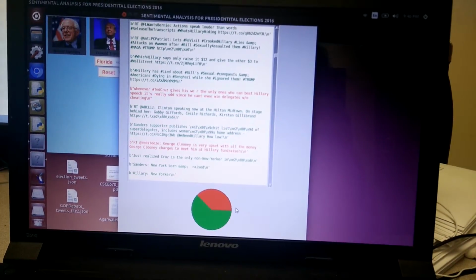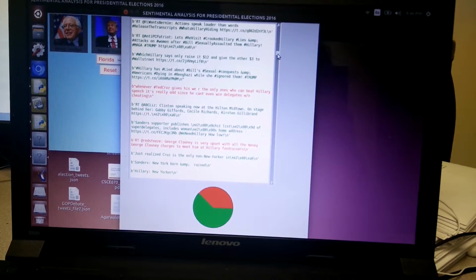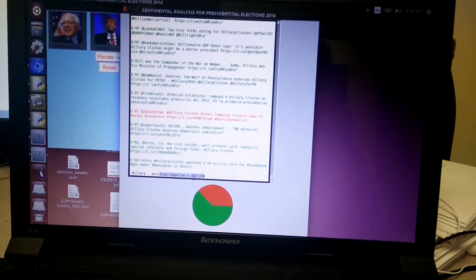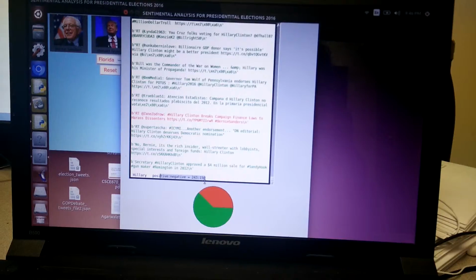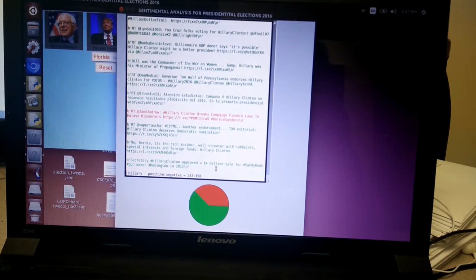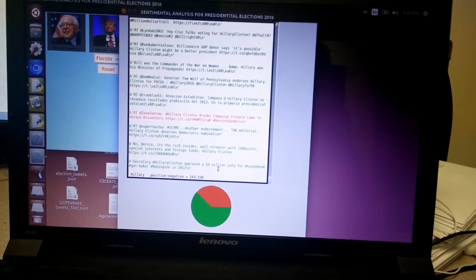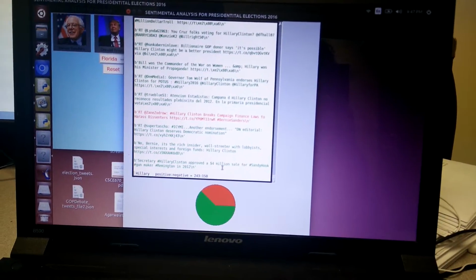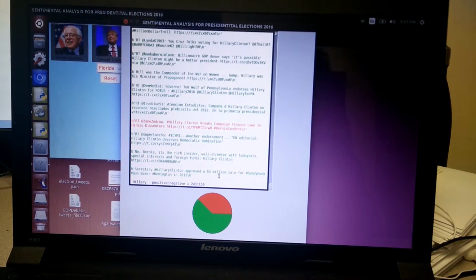Here you can say that Hillary has a positive sentiment in Florida, and the total number of tweets is around 240 plus 150, that's around 400. I would say that's a pretty good retrieval base. The total number of tweets we saw for Hillary in the state of Florida was close to 800.